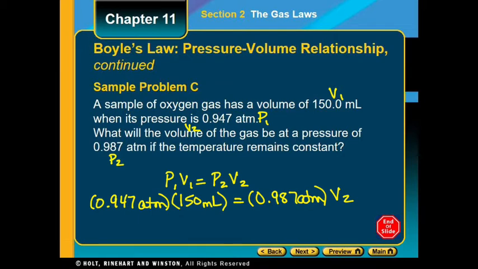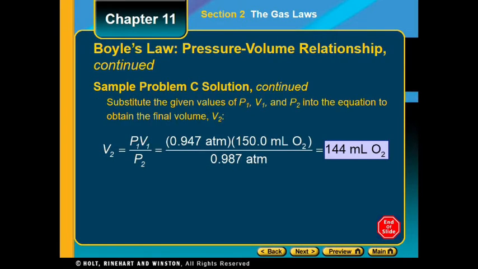You will divide by 0.987 to get your volume. And your final answer, 144 milliliters of oxygen gas. So again, make sure you can put this into your calculator properly. And there is your final answer there after it's been rearranged.